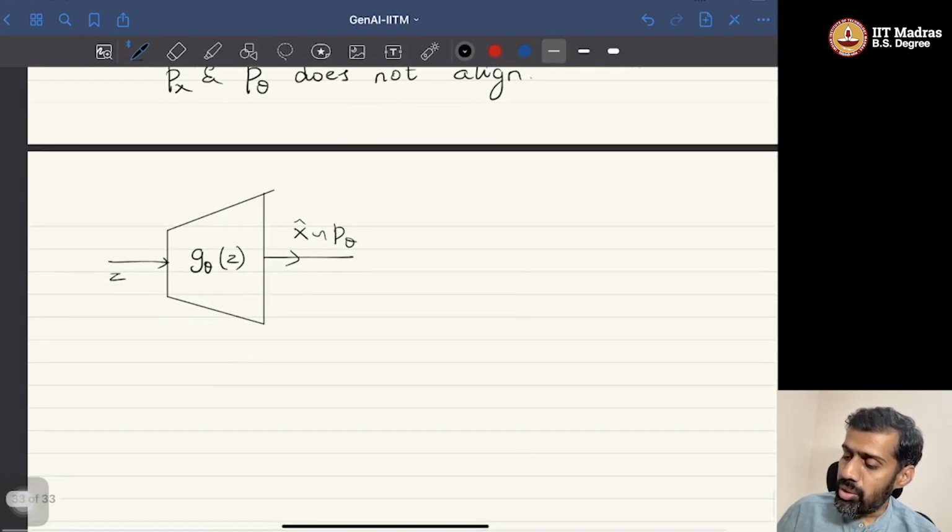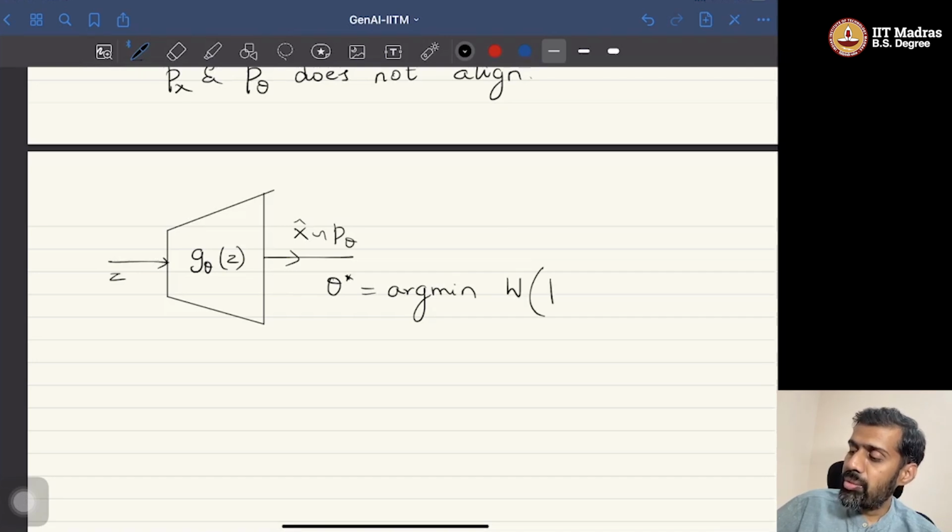So what we want to do is get our parameters such that the Wasserstein's distance between px and p theta is minimized. Because we know that Wasserstein's metric is a better distributional divergence compared to F divergence, so we want our theta to be such that the Wasserstein's distance between px and p theta is minimized. Now how do we minimize the Wasserstein's distance is the question.